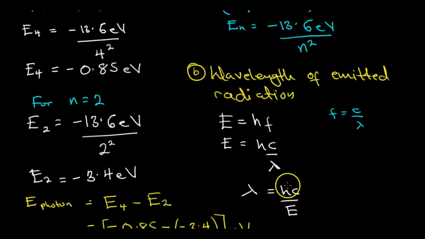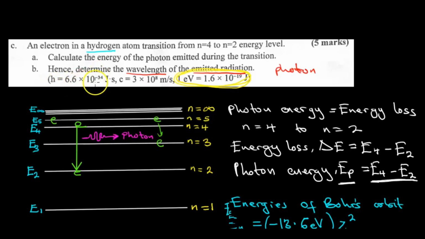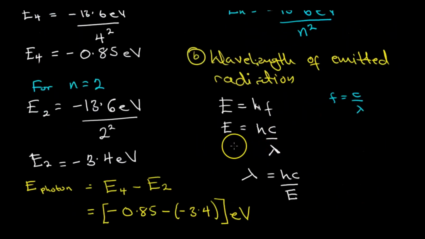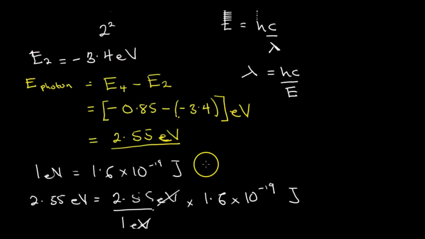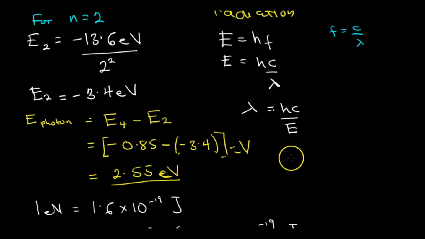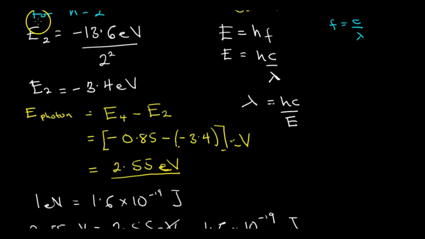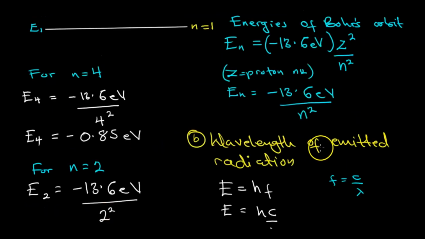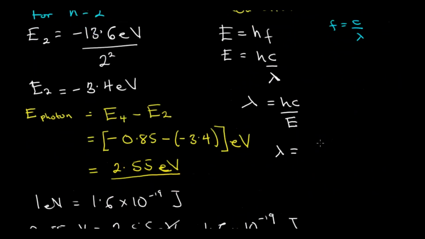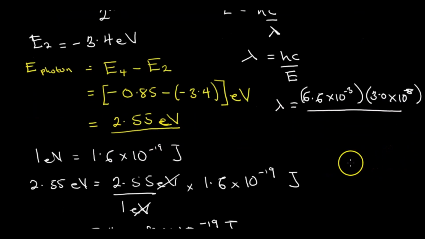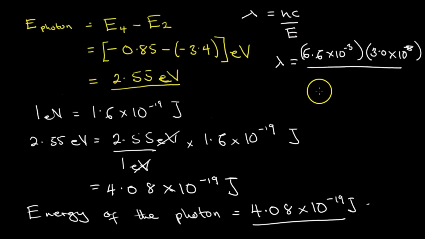Planck's constant is given, speed of light is given, and I have calculated the energy. So all I need to do is to substitute these three variables. The wavelength lambda is going to be equal to Planck's constant, which is 6.6 times 10 power negative 34, multiplied by the speed of light, all divided by the energy of the emitted radiation.